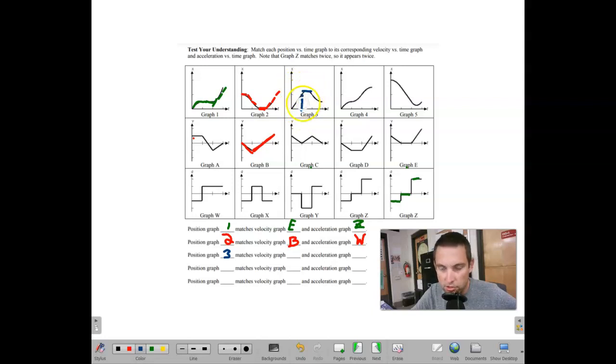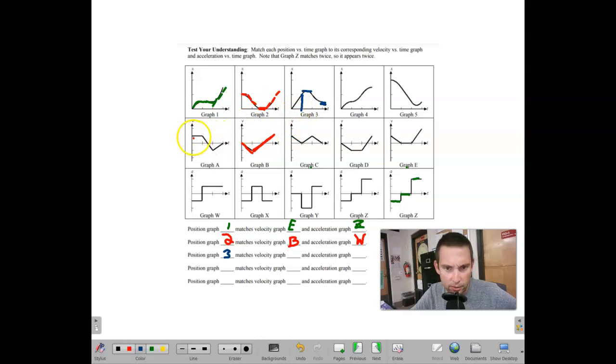Our tangent line there tells us our velocity is 0, and then we change directions. Now we're headed back towards the origin, so we're decreasing our distance. We have a negative slope, and then we're going to end with a 0 slope at the end.